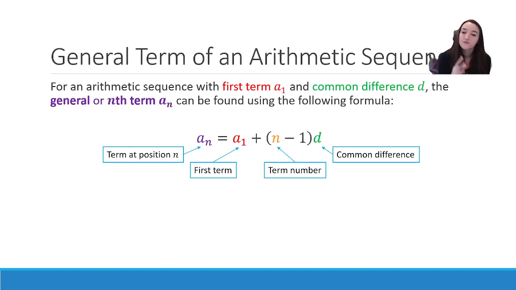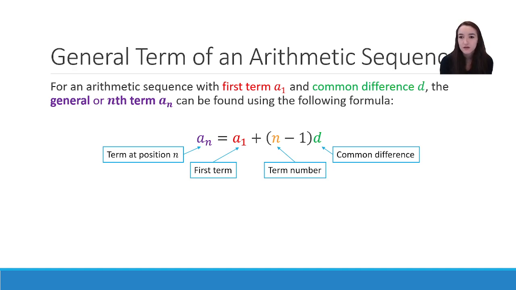Okay, so first term is A1, the common difference is D, and then we call the general term the nth term, where n is just some number, just like we saw with the inductive and deductive reasoning section. We call that term an. And then we can plug in for that n. We could plug in 50 to find the 50th term. We could plug in 75 to find the 75th term.